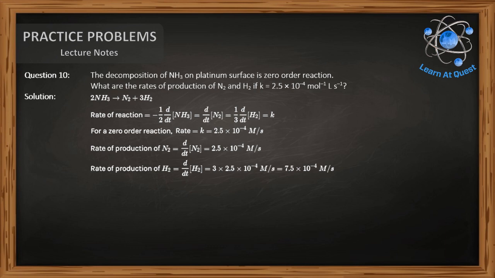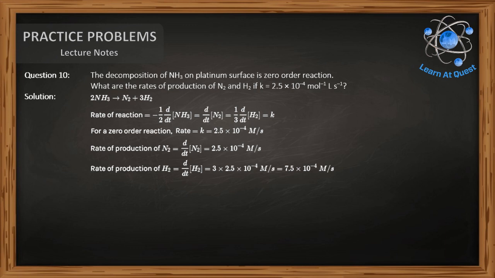Hence, the rate of the reaction will be also equal to K using rate law of mass action. Now it's been given to us that the value of K equals 2.5 multiplied by 10 raised to minus 4 molars per second. Hence we can write that the rate is equal to 2.5 multiplied by 10 raised to minus 4 molars per second, which is the rate constant of the reaction.